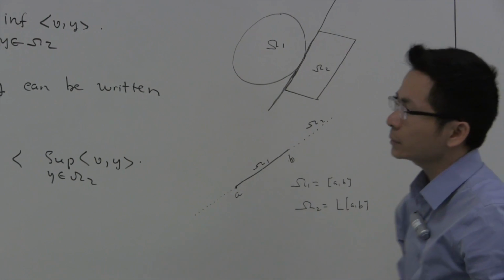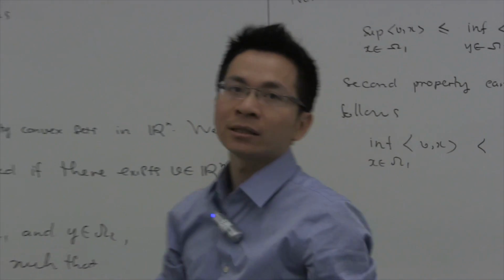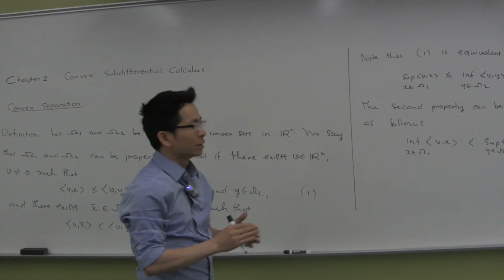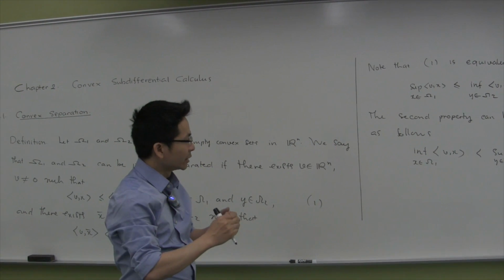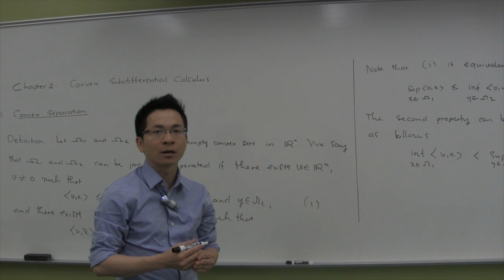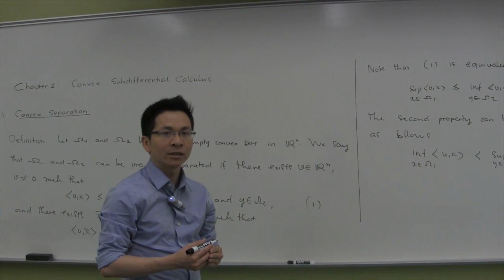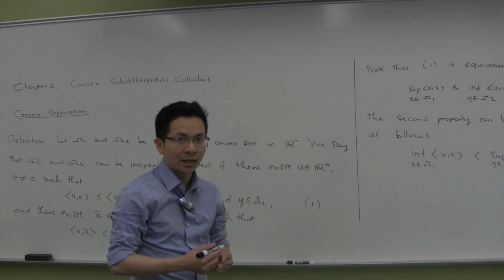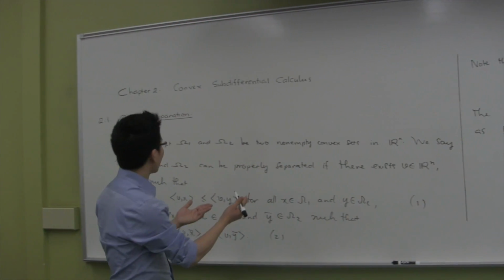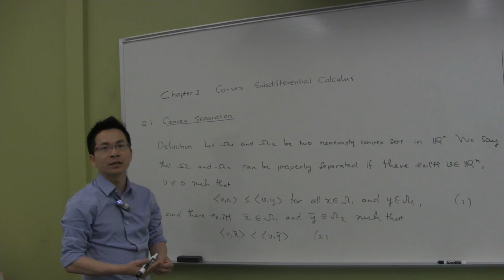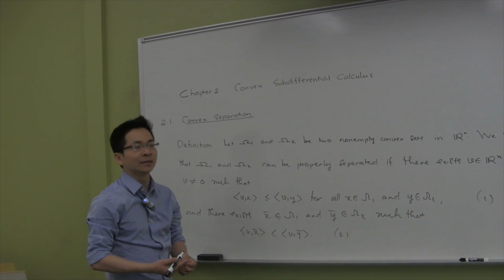Okay? And it turns out that the proper separation property is related to a very, very important concept of convex analysis called the relative interior of a convex set. And now I'm going to go ahead and talk about relative interior of convex sets in Rn.